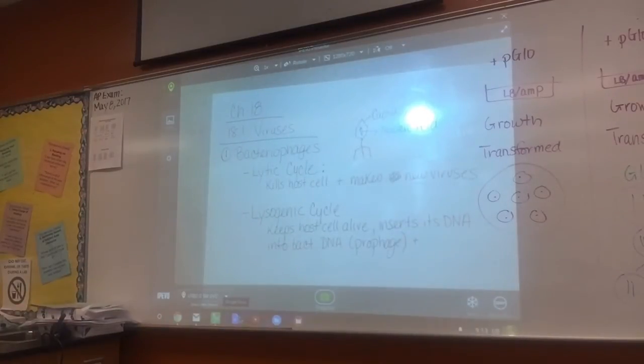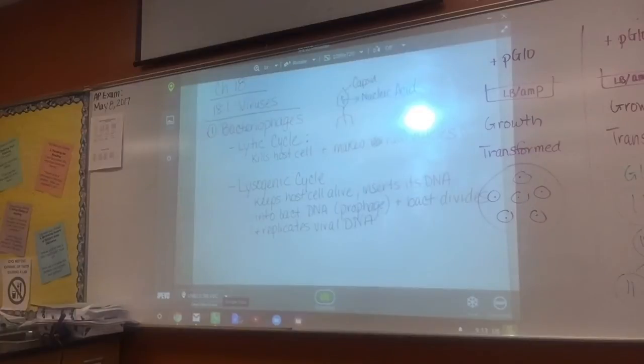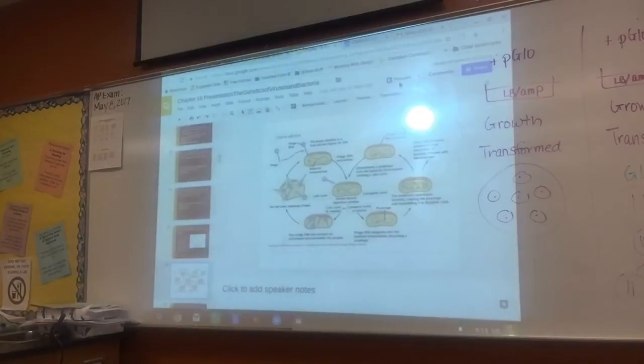And then what does the bacteria do with it? It keeps it there, and so therefore the bacteria divides and replicates the viral DNA because it's part of its own DNA. So every time the bacteria divides, it now makes new bacteria with that viral DNA. So remember, bacteria divide very quickly. You can get millions within 24 hours. And so therefore, you can get lots of bacteria that have the viral DNA.